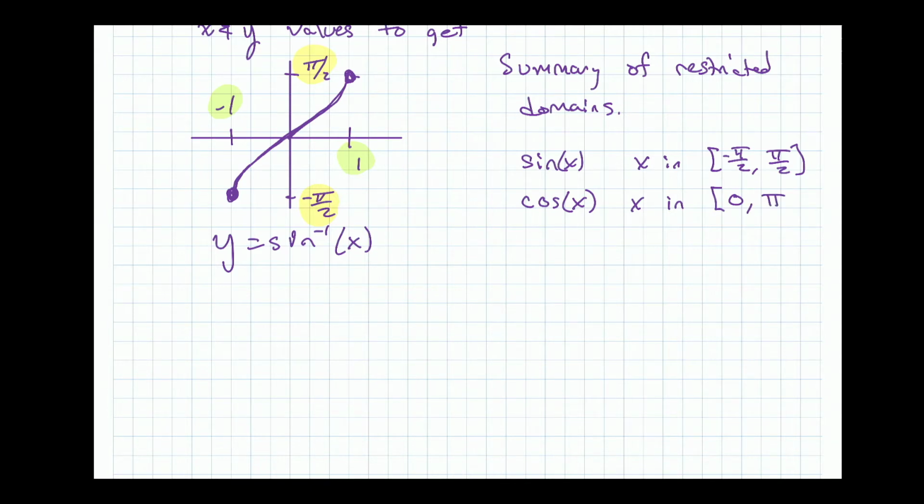You need 0 to pi. Tangent x is negative pi over 2 to positive pi over 2. But notice I'm using square brackets for the sine and the cosine and parentheses for the tangent. That's because I don't want to include the endpoints there for the tangent.